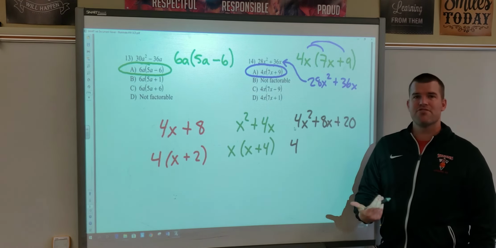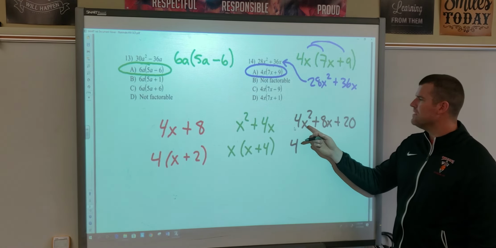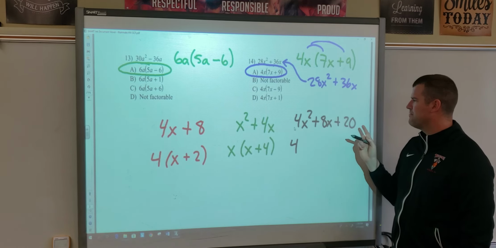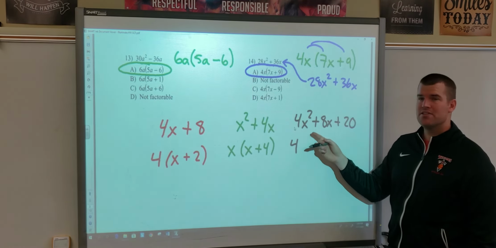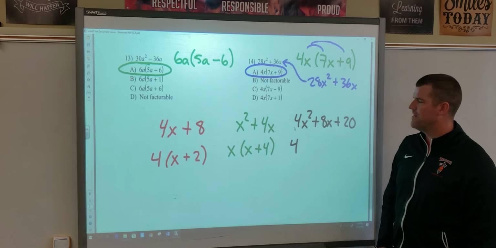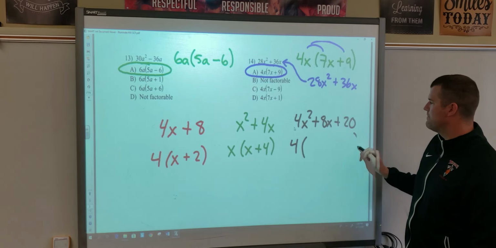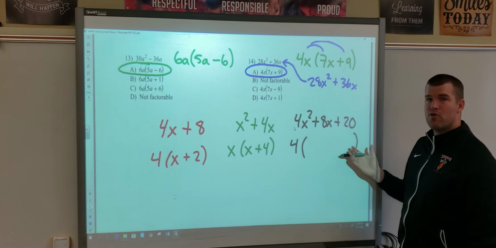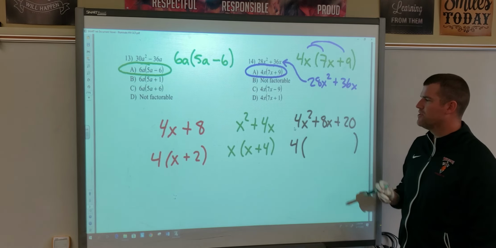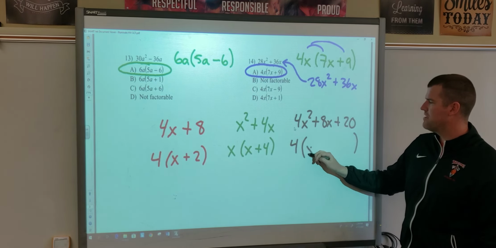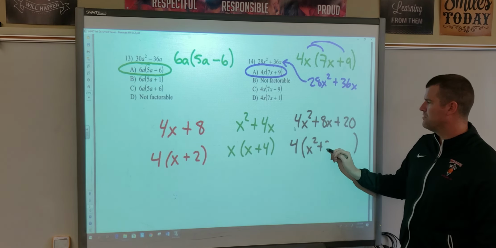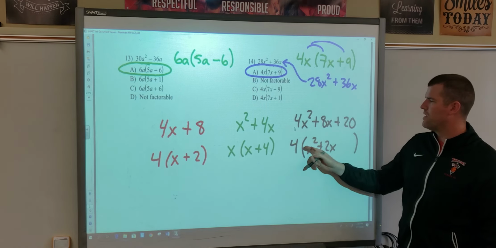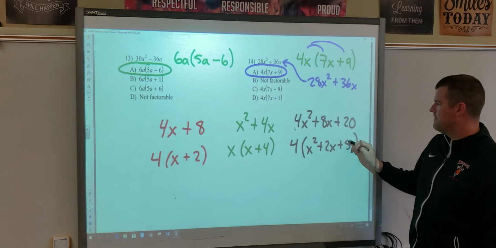And then I look to see if there's a variable I can take out. This one has x squared, this one has x, but this one does not have an x. So x is not common to all 3, so I'm not going to put an x. I am going to, however, figure out what I need to multiply the 4 by to get back to the original. So it would be 4 times x squared. To get 8x, it'll be 4 times 2x. And then to get 20, that'll be 4 times 5.